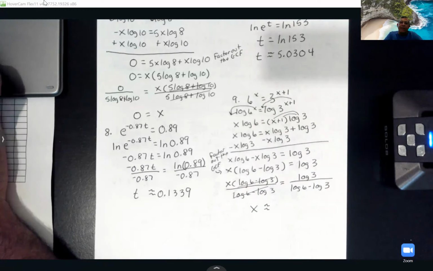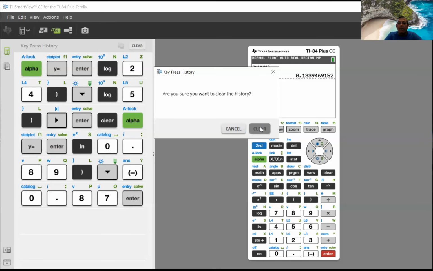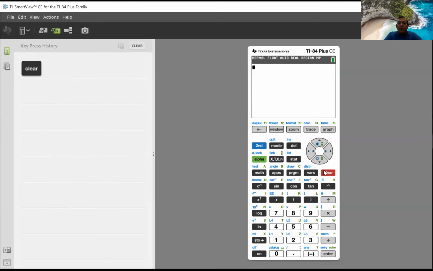So y'all, let's go to the calculator. I would hit my green alpha button and my y equals and hit enter to get that fraction. So on top, not too bad. It was just a log 3.